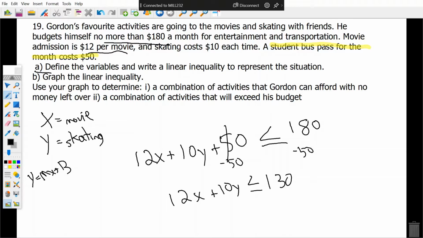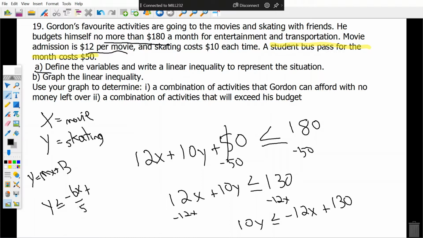Then I would move the x, minus 12x from both sides. 10y is less than or equal to negative 12x plus 130. Sorry, I'm running out of room. I'll move over here. I divide both sides by 10. I get y is less than or equal to negative 12 over 10, which simplifies to negative 6x over 5, plus 13. So here we have our equation.